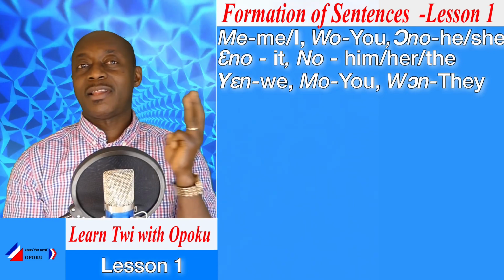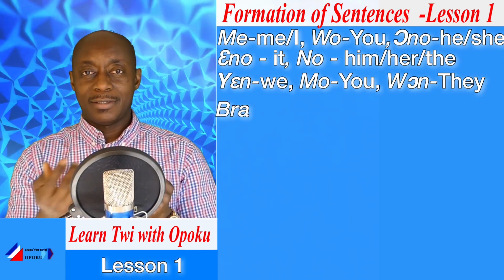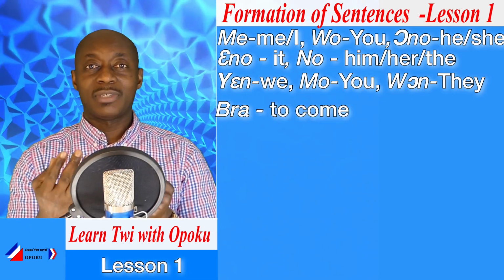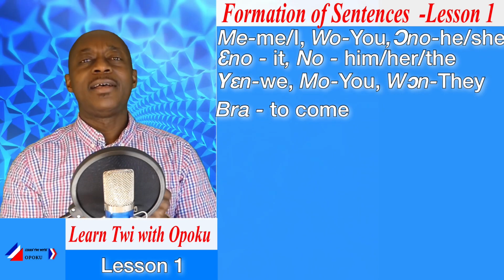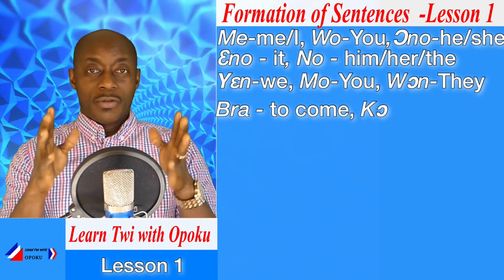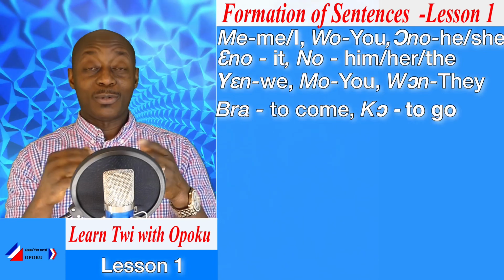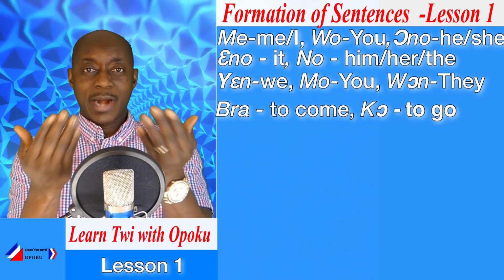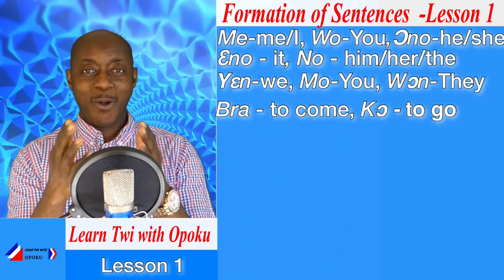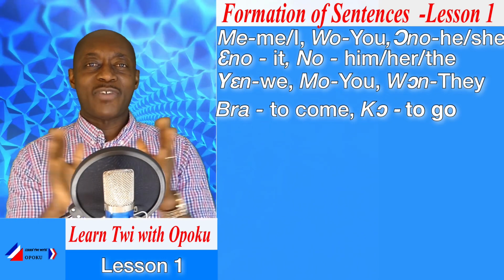We'll only take 3 verbs. We have bra, and that is what? Come, or to come. We also take ko, and that is what? To go. So we have bra, to come, ko, to go. And then let's take the last verb, and that is what?